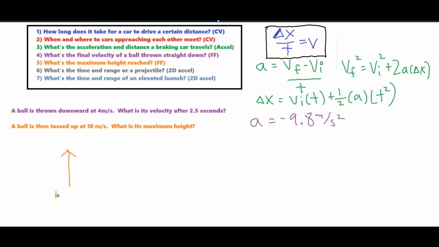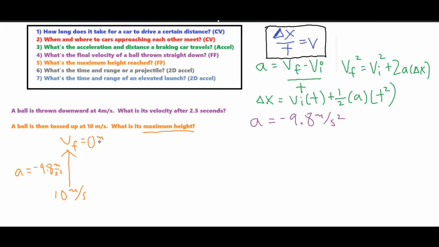Now, the thing about these free fall problems is that it seems like you have very little information, so it's going to seem like you don't have enough to solve the problem, so you have to think about some concepts. We know that we get the free negative 9.8 meters per second squared for anything that's in free fall, and because it's going to the maximum height, at the very peak of its flight it has an instantaneous velocity of 0.